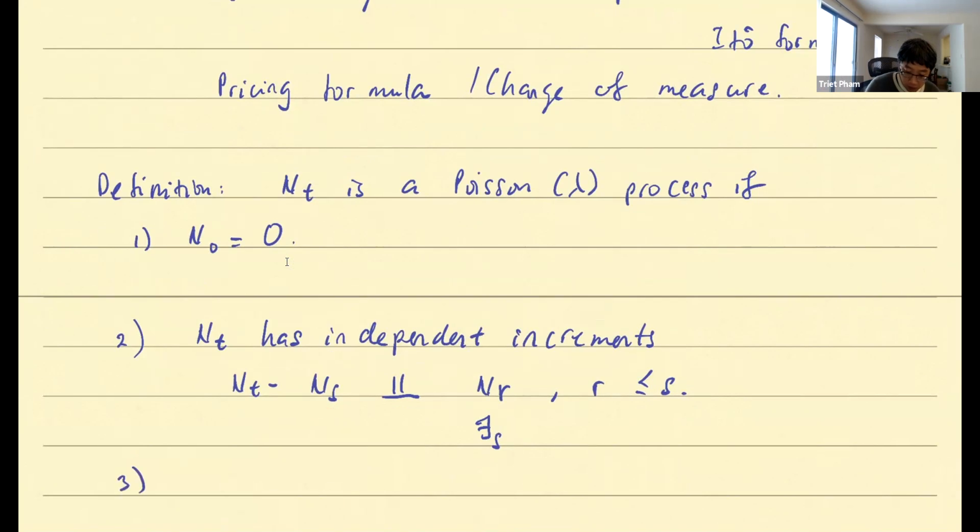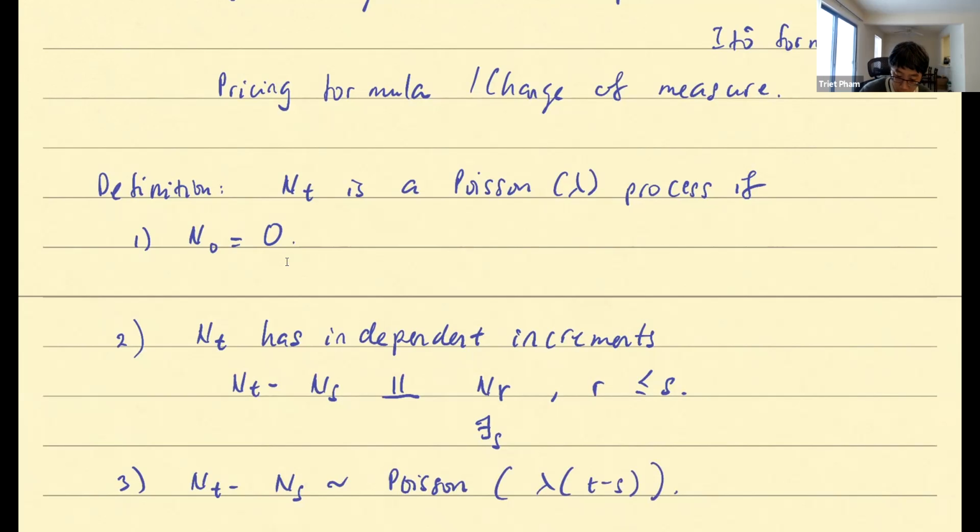So far, you can just say that these are the same properties as the Brownian motion. The one that makes a difference is the distribution of the increment. For Brownian motion, this will be normal 0, t minus s. For Poisson process, it will be Poisson lambda, t minus s.